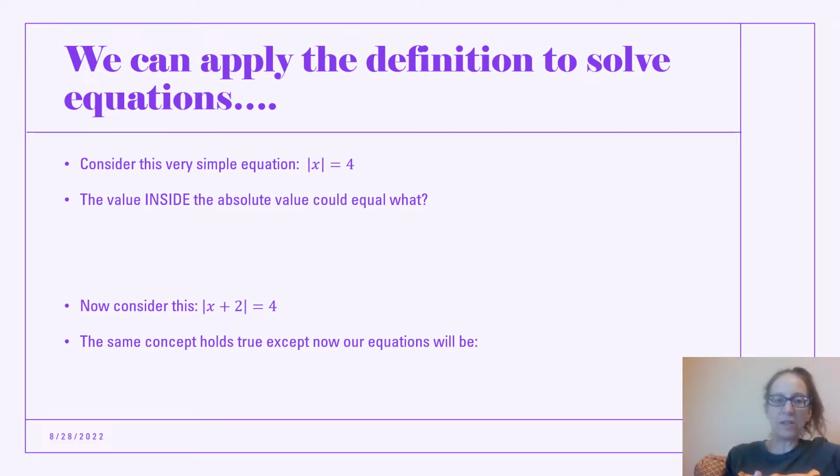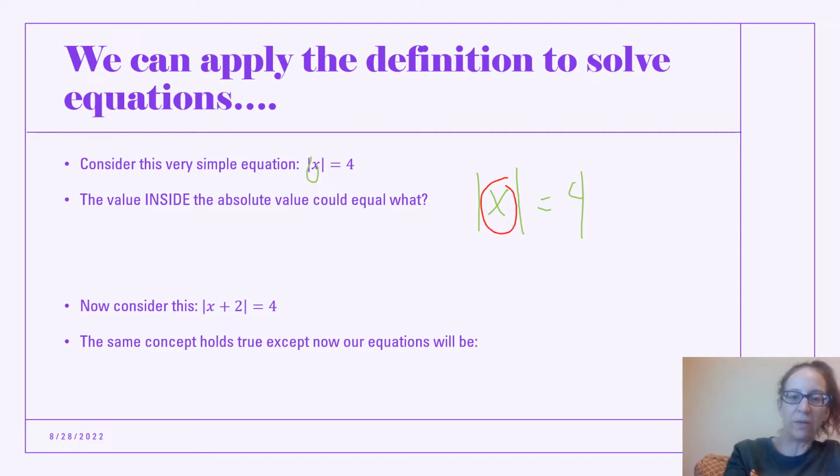Very simple equation. The value inside the absolute value could be equal to what? So we have the absolute value of x equals 4. What could the value inside the absolute value be?